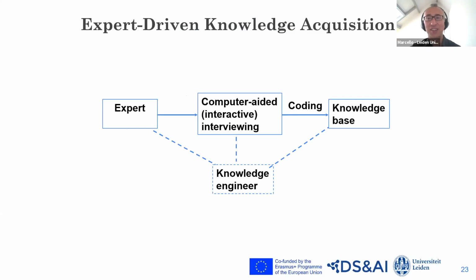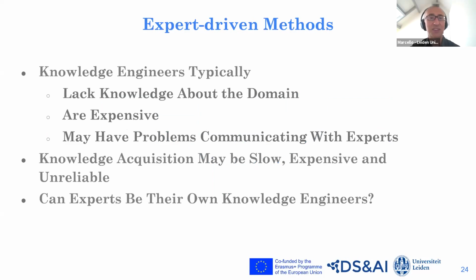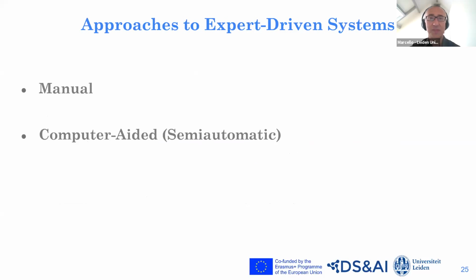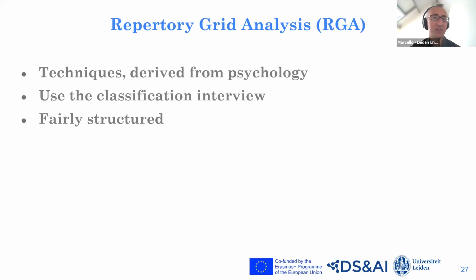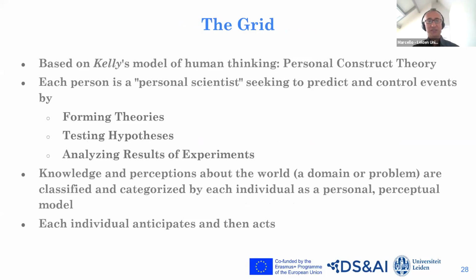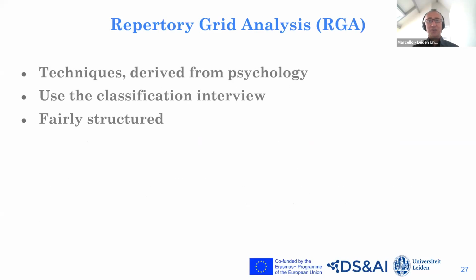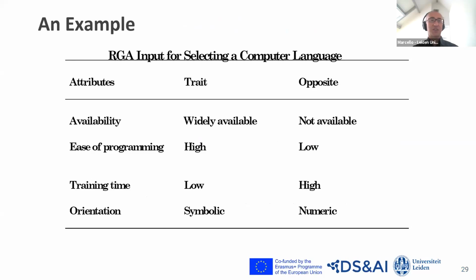Okay, so that's how it works with experts. And again, that's how you do this and how you then test that the knowledge is correct. They have to create these kinds of grids. It's a kind of requirements engineering, but for knowledge.